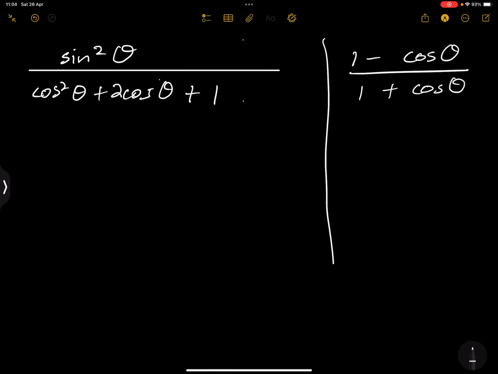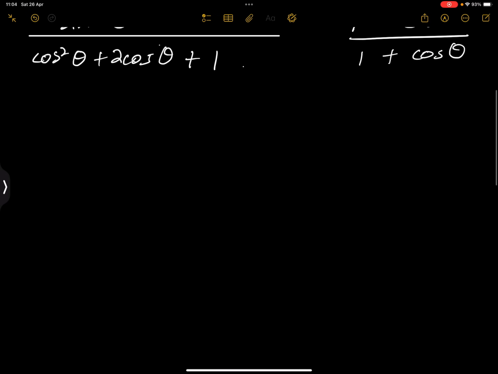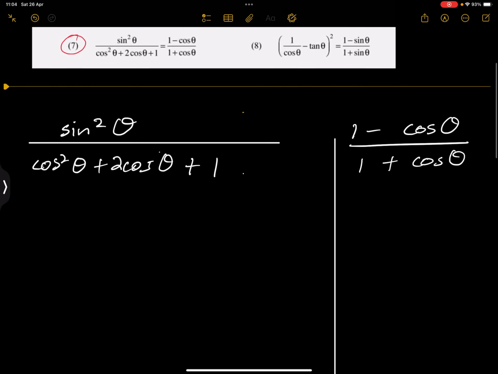It's unlike the previous ones we've done thus far, but nonetheless, it's still the same body of work. Okay, I'm trying to draw a straight line there. Okay, there we go. So let's work with our left-hand side.